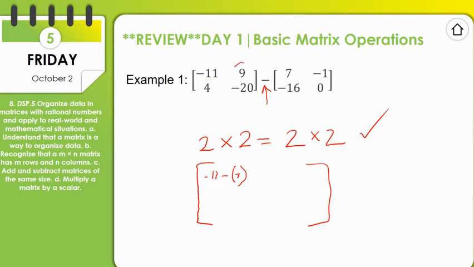Then I move to the next two values. 9 minus a negative 1. Then I move to the next two elements. 4 and negative 16. 4 minus negative 16.